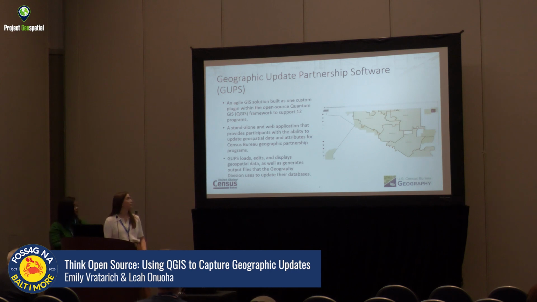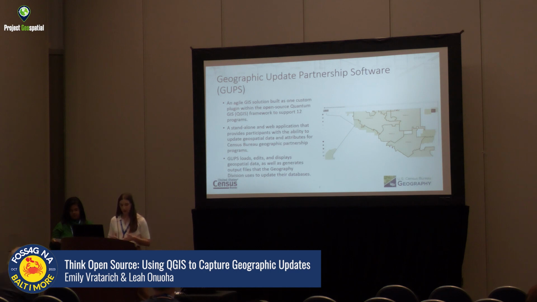All right, so like I mentioned, GUPS. How do we use open source at the Census Bureau? It's an Agile GIS solution built on one custom plugin with an open source QGIS framework to support 12 programs. That's our standalone application. On the slide, you can see we have a standalone and a web application that provides participants with the ability to update geospatial data and attributes for our Census Bureau programs.